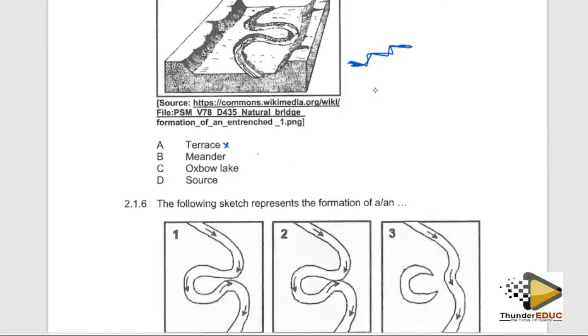This part, the meander. We can see there's a feature of a meander, which could be correct. There's no oxbow lake. It's not a source, because a source is not a fluvial landform, which makes our meander correct. As well, a terrace is a feature that forms due to rejuvenation. Right.